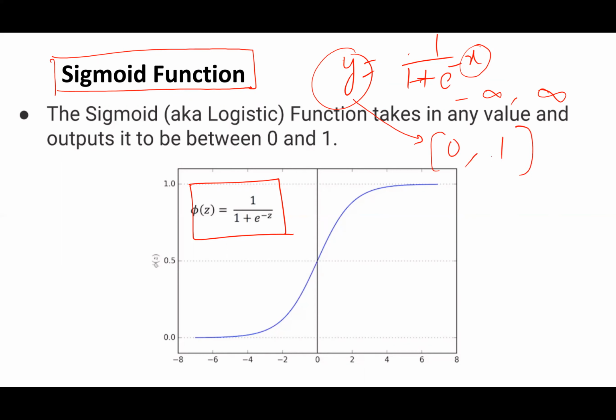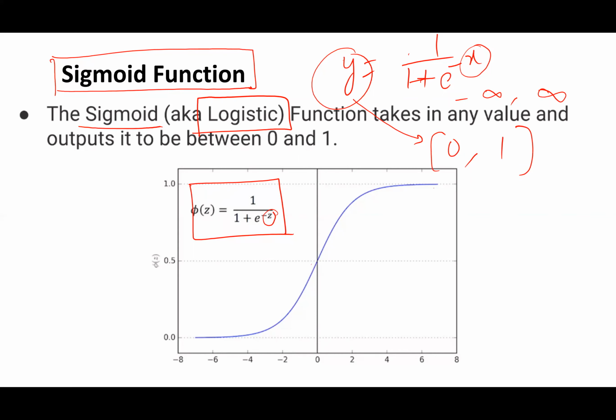This is the beauty of this mathematical expression. Whatever value of z you put, minus 99, minus 100, minus 5000, plus 5000, plus 10,000, I will always get a value between 0 and 1. This is what the shape of the sigmoid function looks like. The sigmoid function is also called the logistic function, and that's why this regression is called logistic regression.